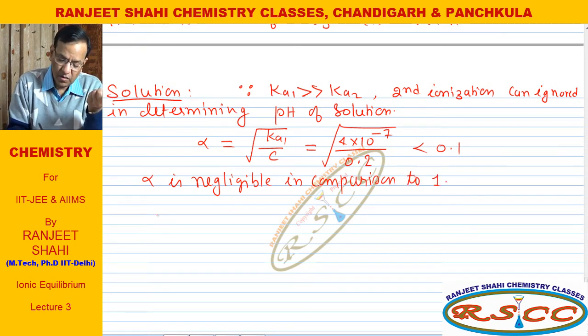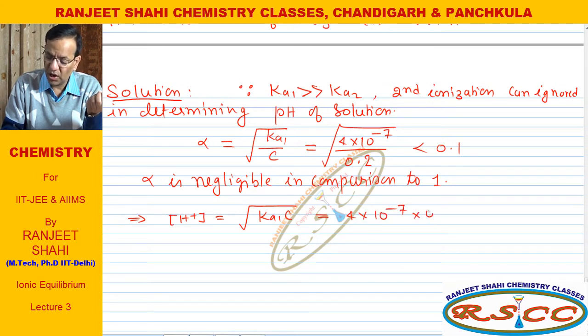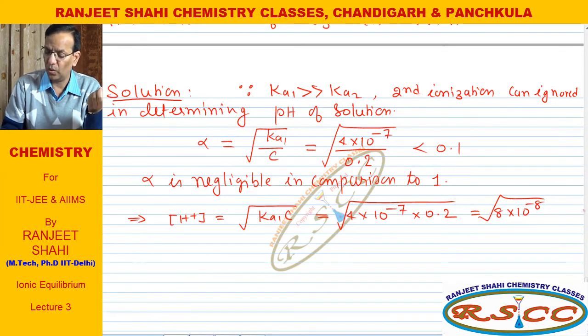In that case, like we did in monobasic acid, concentration of hydrogen ion will be equal to root under K1 into C. K1 is given 4 into 10 raised to the power minus 7, C is 0.2, and that whole under root. So it is 8 into 10 raised to the power minus 8 under root.